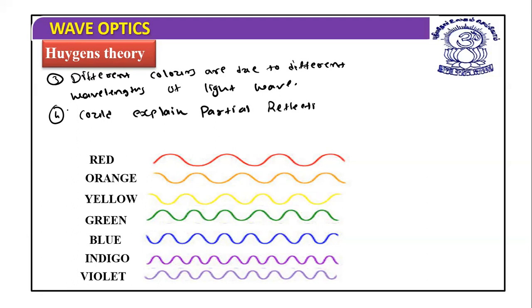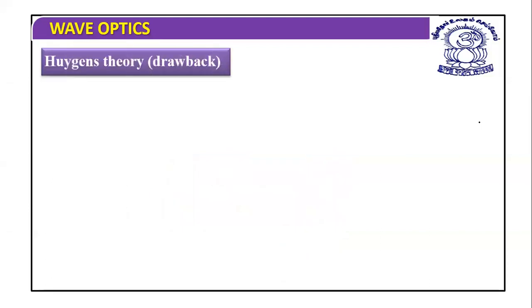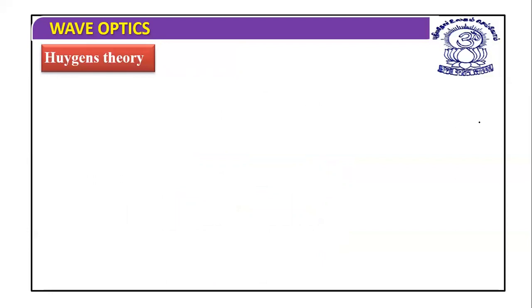According to Huygens' theory, light travels faster in rarer medium than in denser medium.